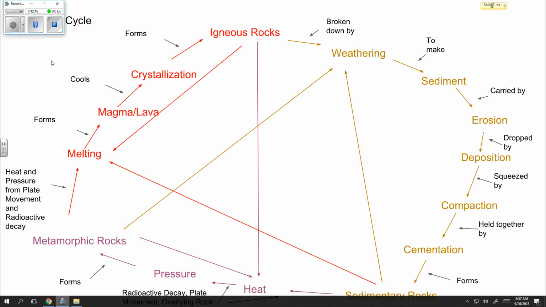So now you have all 3 types of rocks that move through the weathering process, that makes sediment, that is eroded and moves through. So as we're looking at this, do understand that you've got these different types of rocks that are going to be changed, they're going to be broken down, they're going to move through the rock cycle, things like that are going to happen in order for those rocks to form the 3 different types.